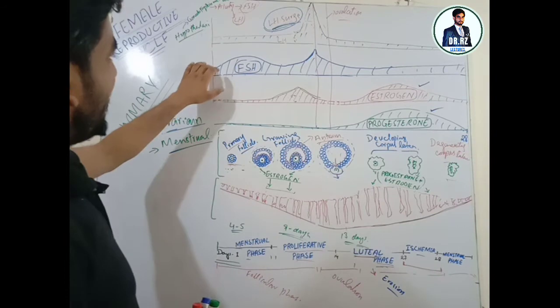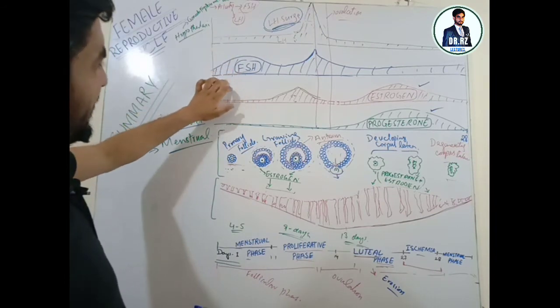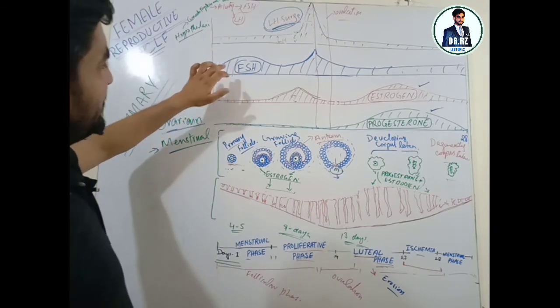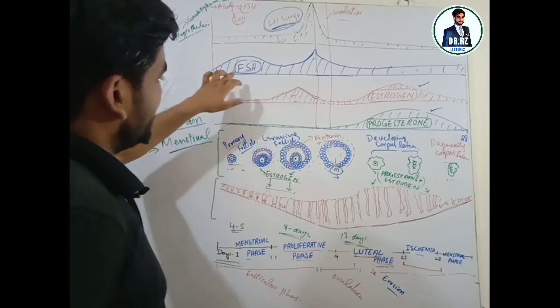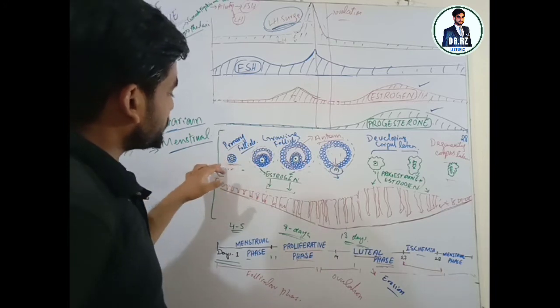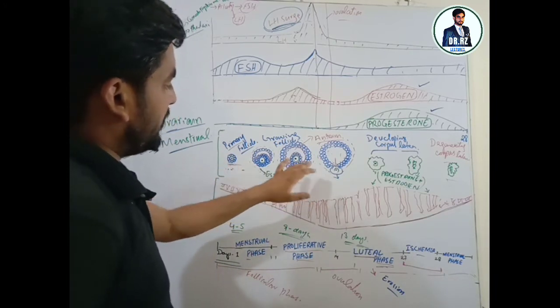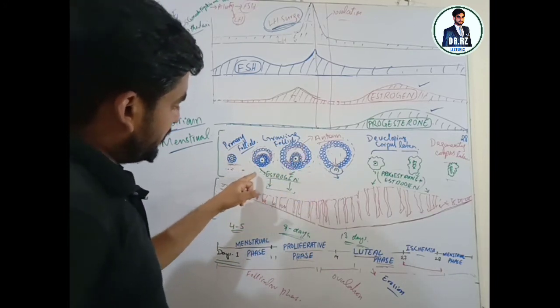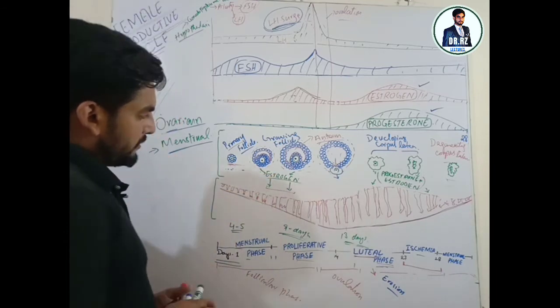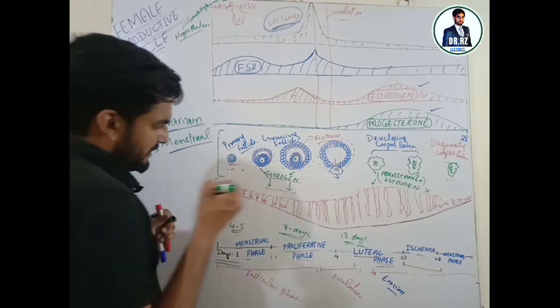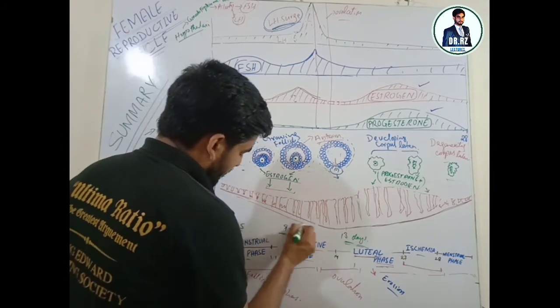As in the start, FSH and LH hormones, starting with FSH hormone, caused the development of follicular cells. The follicular cells start releasing estrogen hormone. Estrogen hormone has started the development of the endometrium.